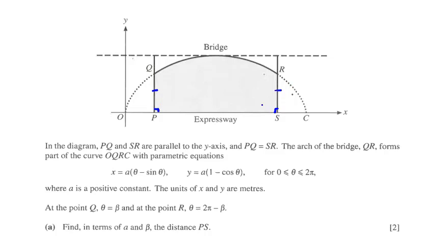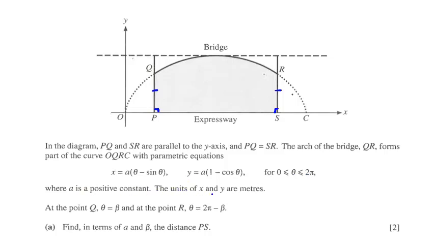PQ equals RS. The arc of the bridge QR, this part, forms part of the curve OQRC with parametric equations x equals a(theta minus sin theta), y equals a(1 minus cos theta), for theta greater than or equal to 0, less than or equal to pi, where a is a positive constant.